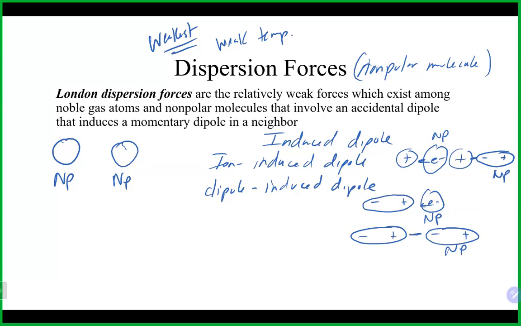So this is what is sometimes referred to as ion-induced dipole or dipole-induced dipole. You're basically kind of forcing this guy that normally doesn't have a charge to temporarily gain a charge so it can do its interaction.